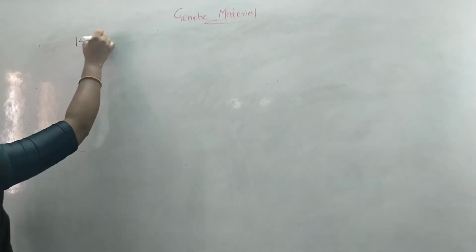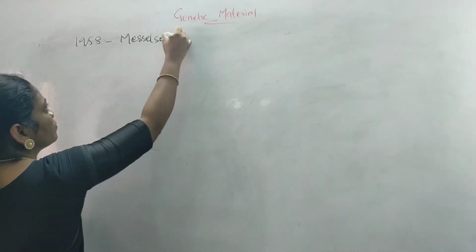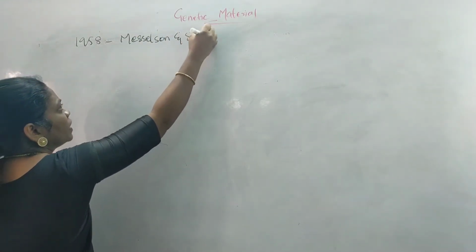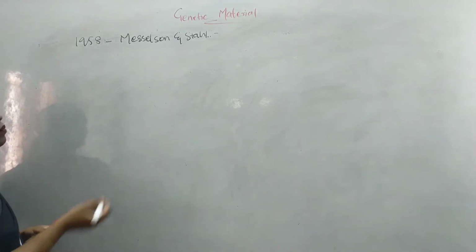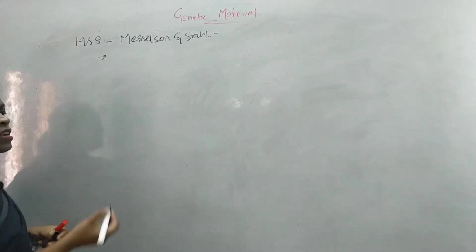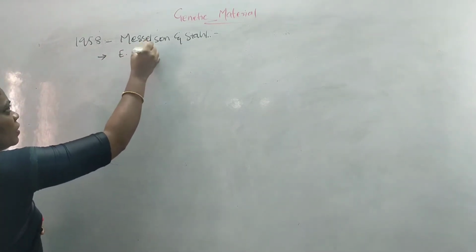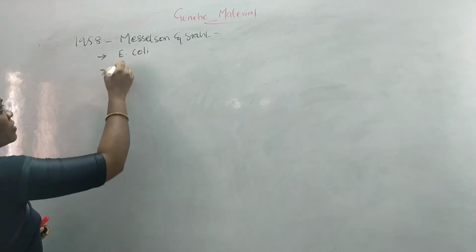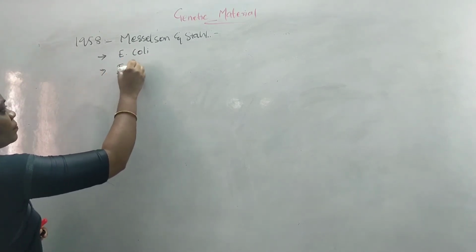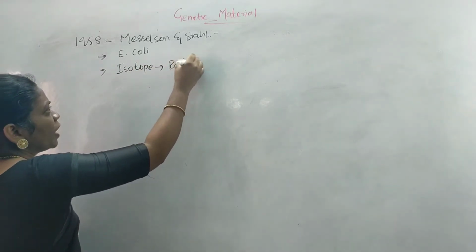So, 1958, Meselson and Stahl. They did the experiment to prove DNA replicates by means of the semi-conservative method. The organism they took for the experiment was E. coli, and one more component they took was isotopes. These isotopes are not radioactive.